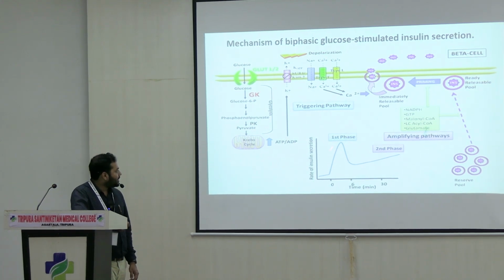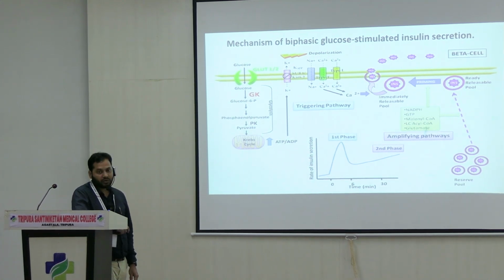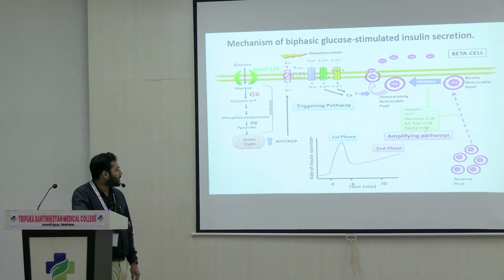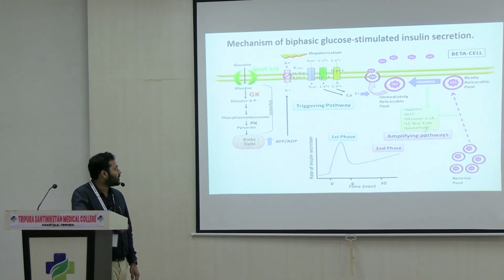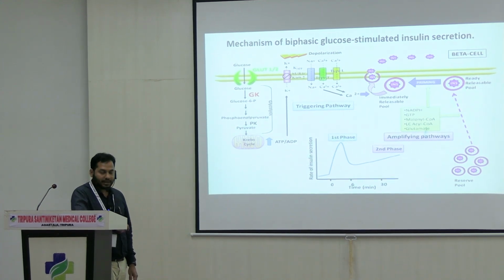Like at the initial point of time, for the first 4 to 6 minutes, there is a rapid secretion of insulin hormone, right? Because in this particular condition, there is a larger amount of calcium ions present.